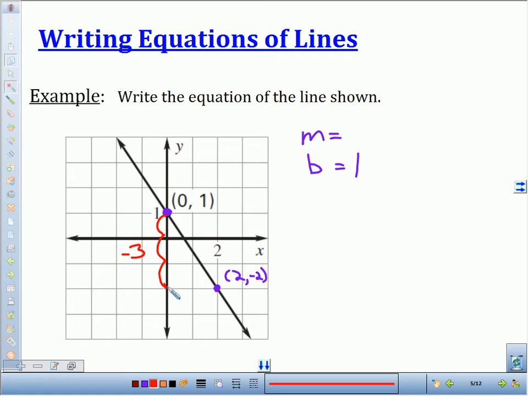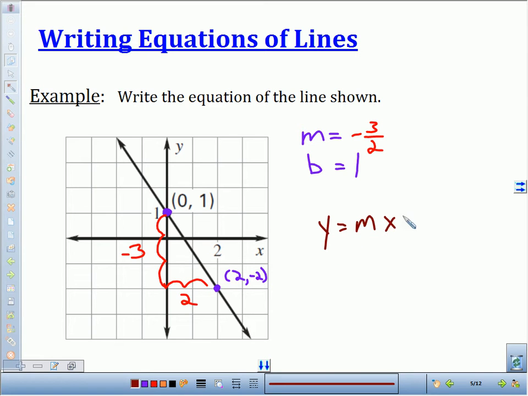It's also moving to the right 2, which means our x movement is 2. We put these together as a fraction. We have -3 over 2. Now we have our slope. We have our y-intercept. We can write the equation of the line.